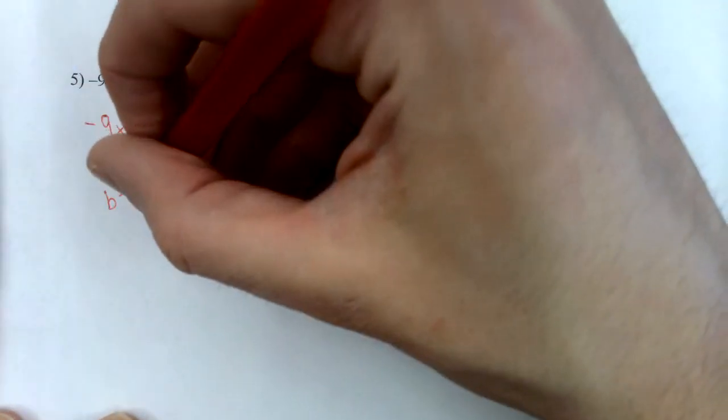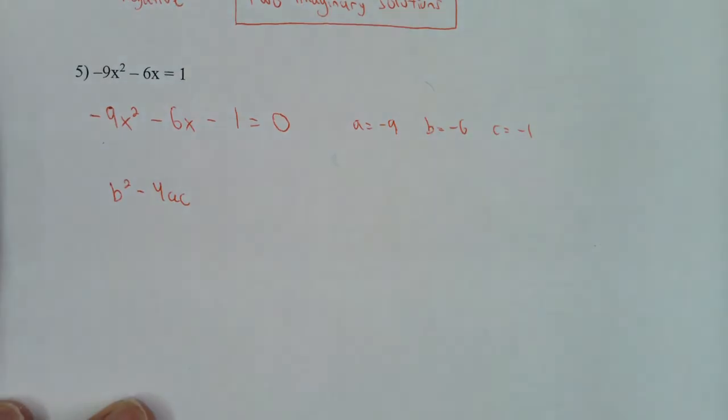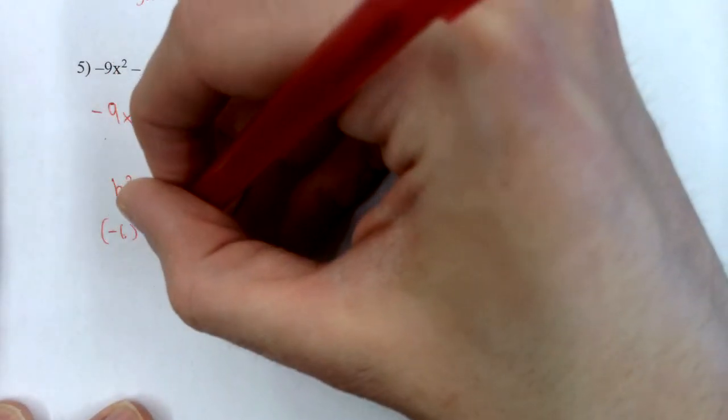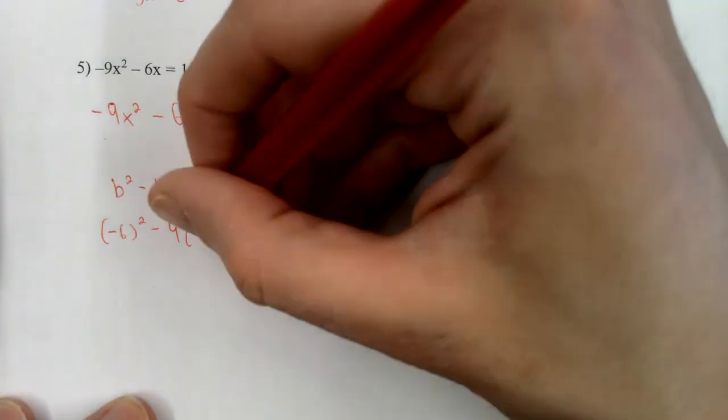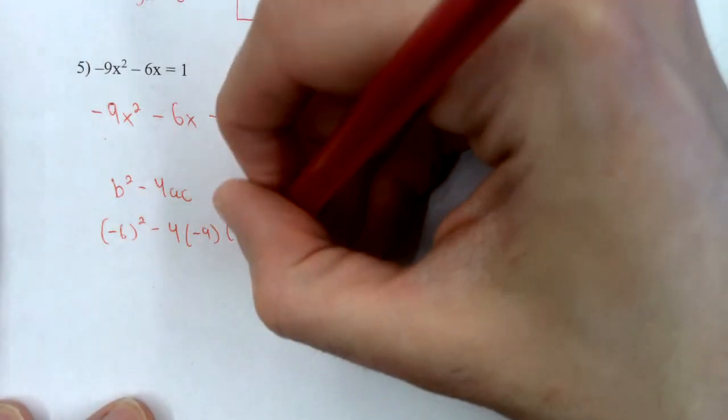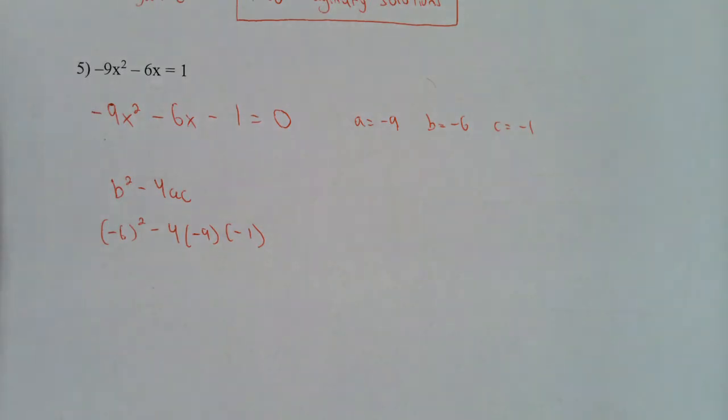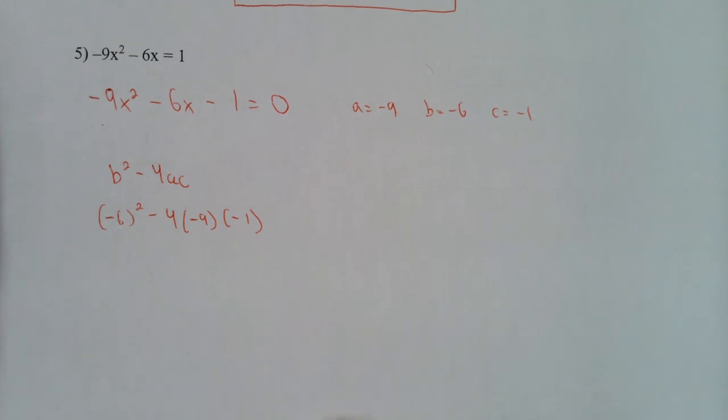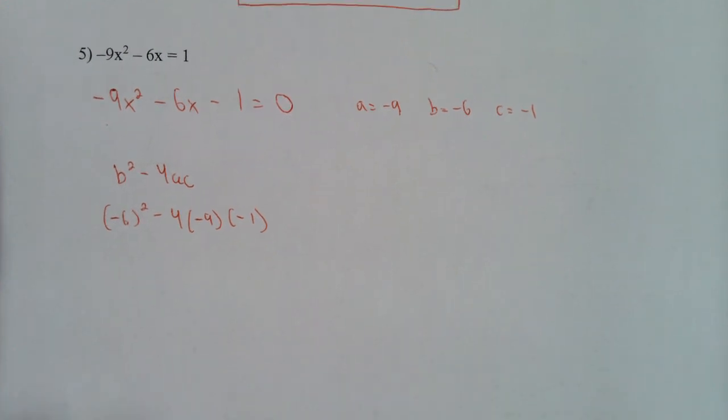You do b squared minus 4ac. So negative 6 squared minus 4 times a, which is negative 9, times c, which is negative 1. Negative 6 squared is positive 36.